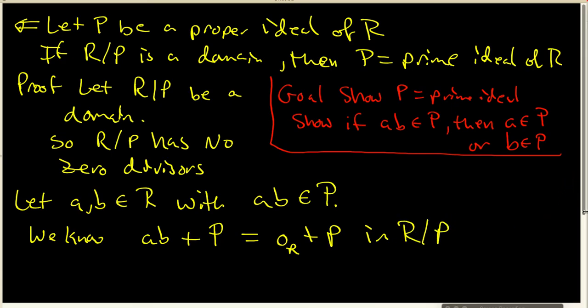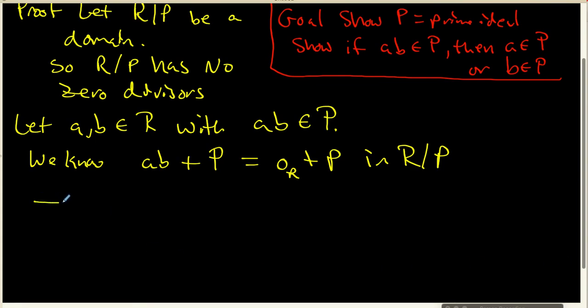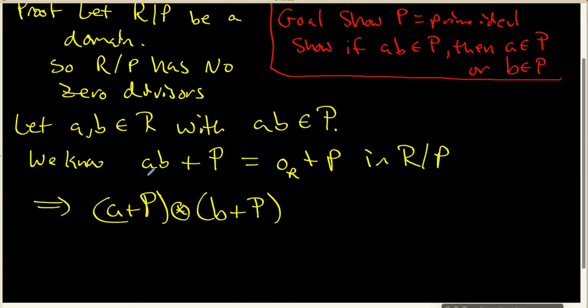And now what I want you to do is to look at this. That particular equation will imply, well, let's see, AB plus P is A plus P times B plus P. Well, that's just equal to this coset. So that coset must be the zero element inside R mod P.